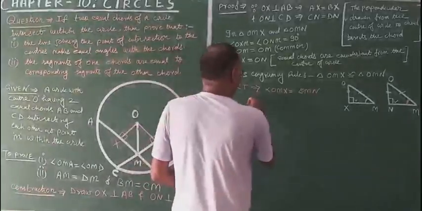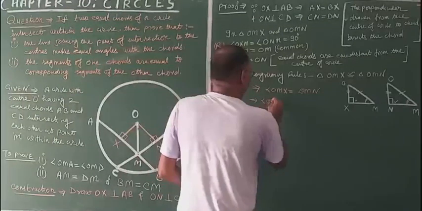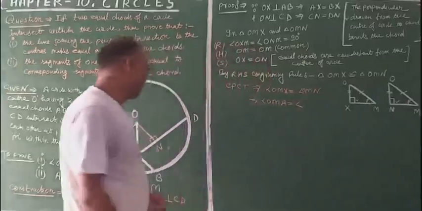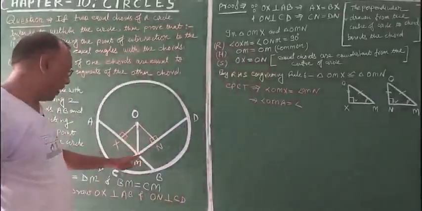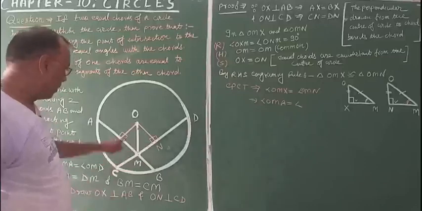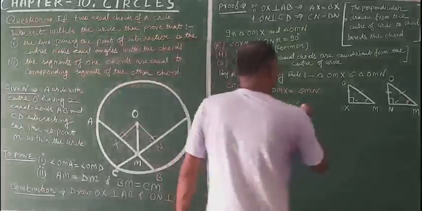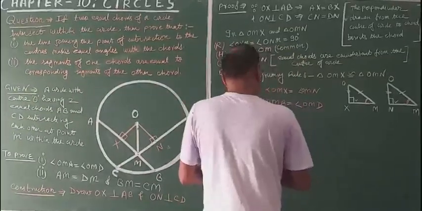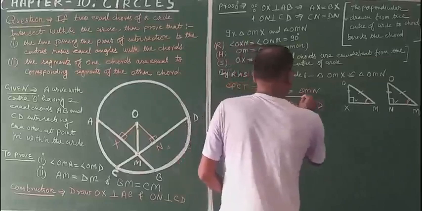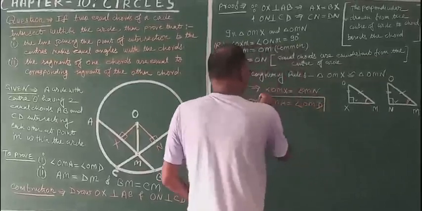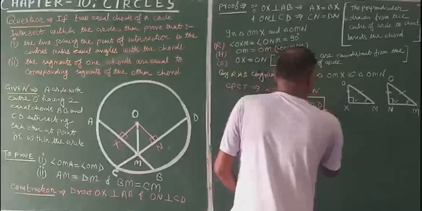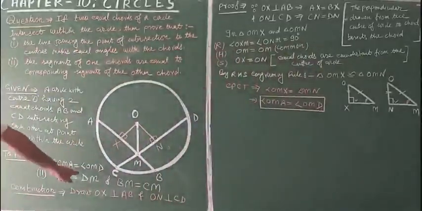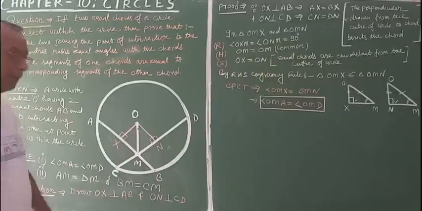OMA is equal to angle OMN. OMN means OMD. Is it there? And this is the proof of the first part: OMA equal to OMD. Is it there?